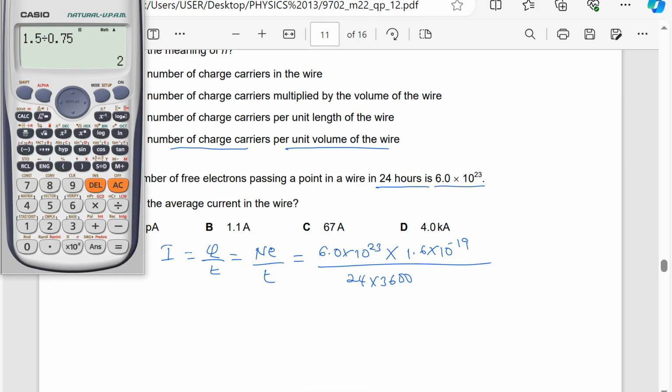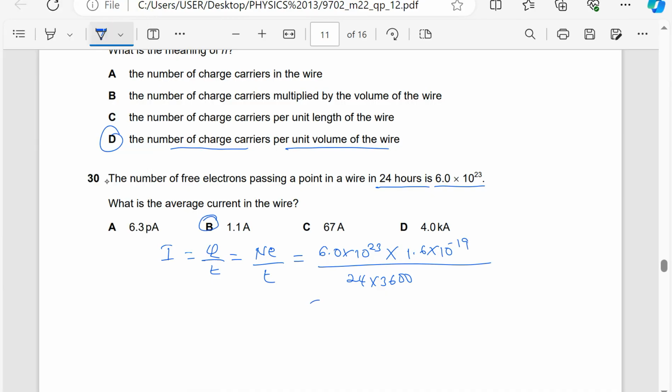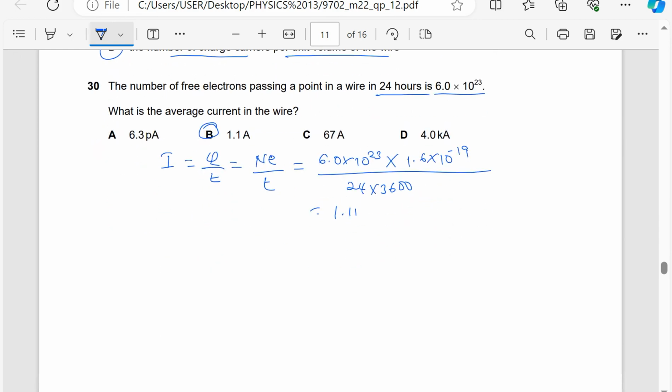I'll just press my calculator. 6 exponent 23 times 1.6 exponent minus 19, divided by 24 times 3600. So this is 1.111 recurring. So the answer is going to be B, 1.11 recurring amperes.